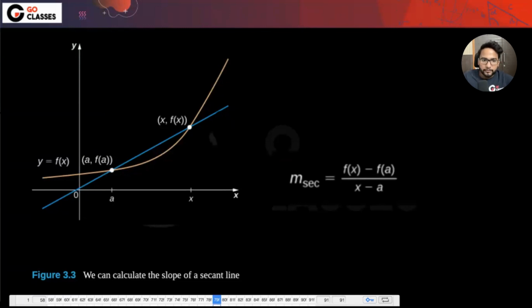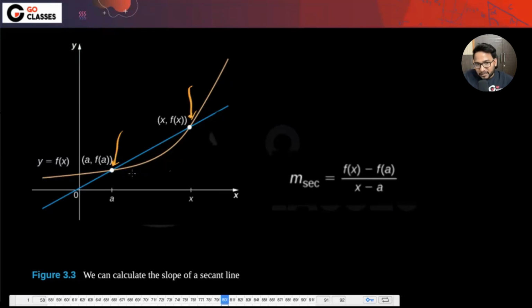See, here, what I'm saying is this: there is a point A and there's a point X. X could be B or something. If you mind writing X, then you can write B. Okay, doesn't matter. Now there's a point A, there's a point X. On this curve, if I say A, then the corresponding y coordinate will be FA, and here the corresponding y coordinate will be FB or FX, whatever it is, right?